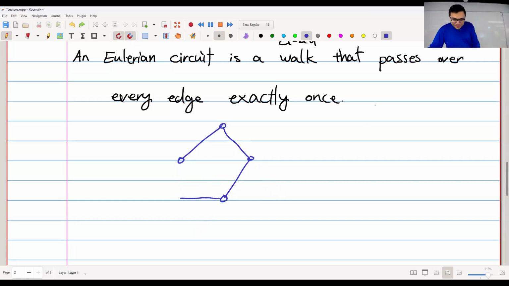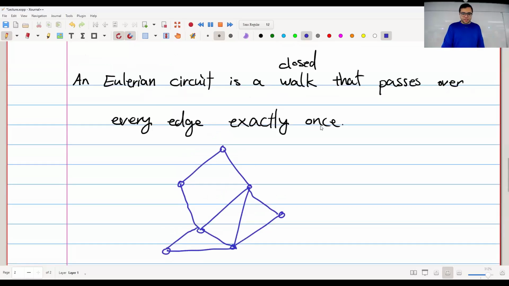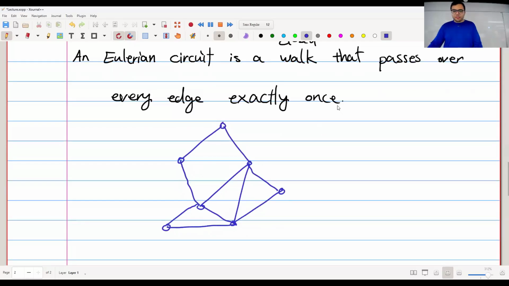Today I'm really sleepy. I don't know what's happening. Let's do this again. So I have a walk. This walk goes over every edge exactly once. And it goes back to where it started. Okay. This is an Eulerian circuit. And we say that a graph is Eulerian if it has an Eulerian circuit.